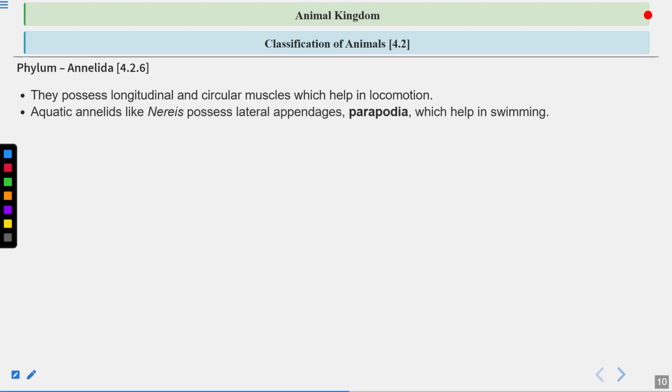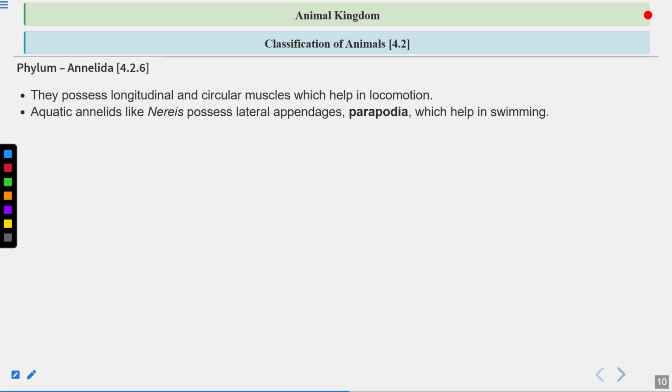Triploblastic means, after fertilization, when the male gamete and female gamete fuse together, it forms the zygote. Now what happens to the zygote? The zygote divides: 2 cells, 4 cells, 8, 16, 32, and later on it forms a mass of cells. Now what happens to this mass of cells? All the cells present in that ball-like structure get arranged in 3 different layers.